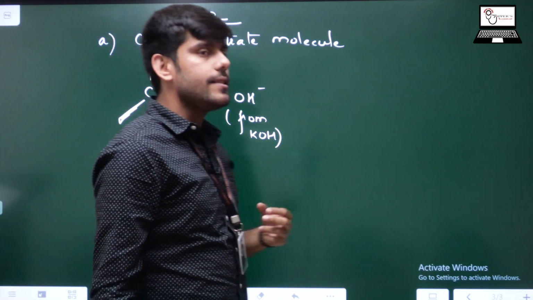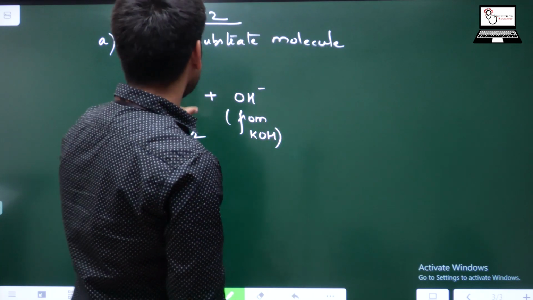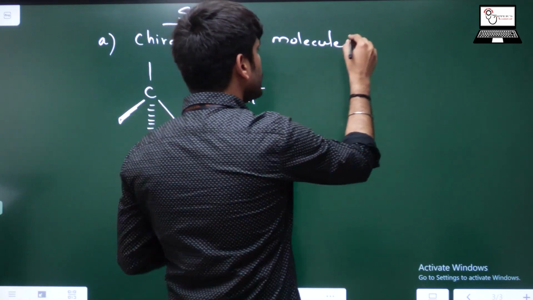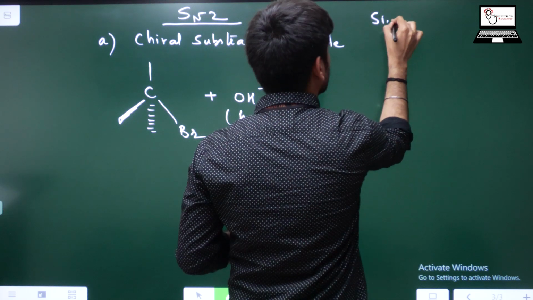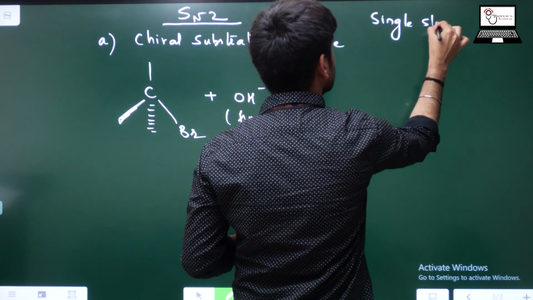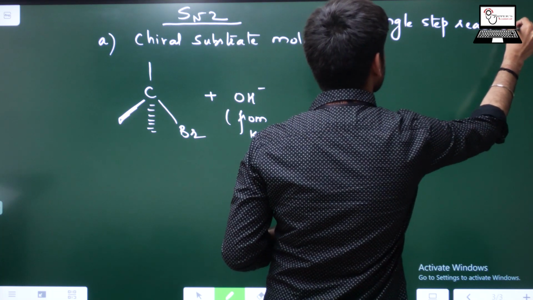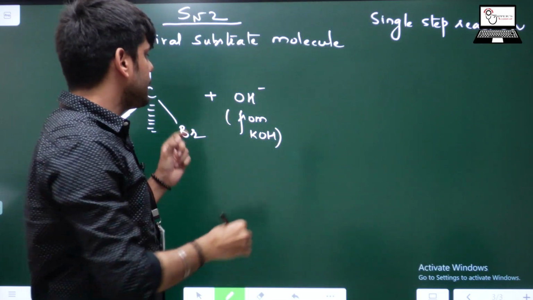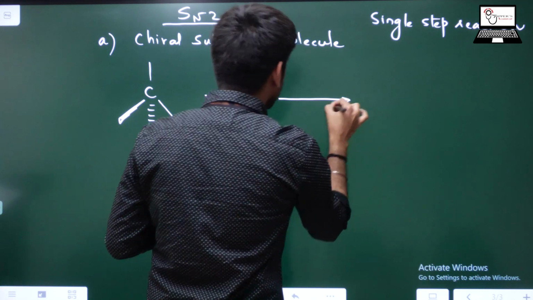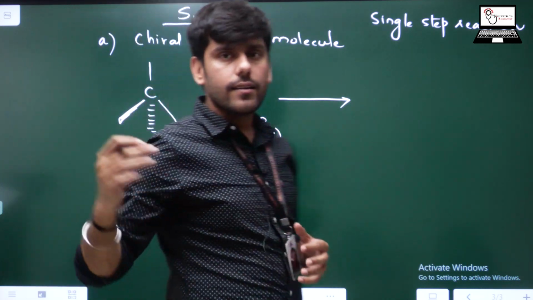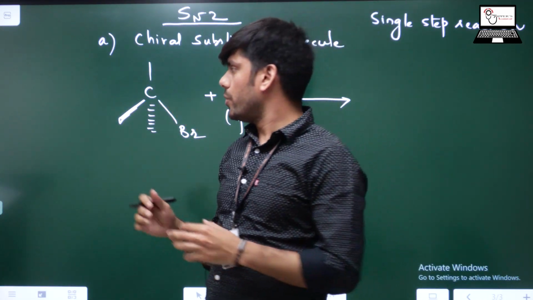Then what happens in SN2? First of all, SN2 is a single step process, a single step reaction, when this OH minus comes and attacks this substrate molecule.